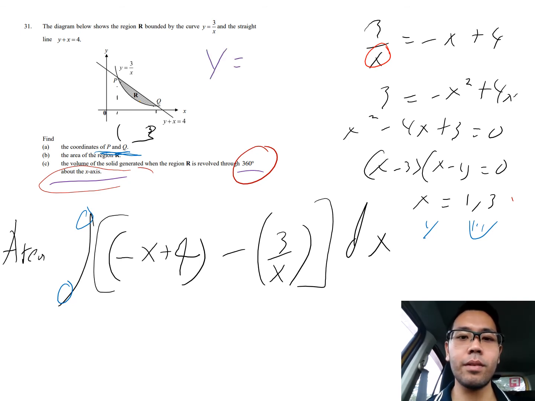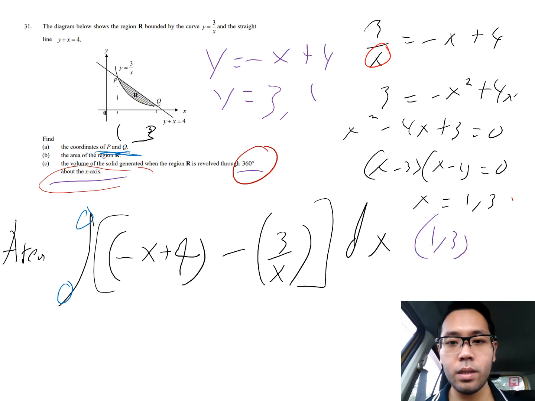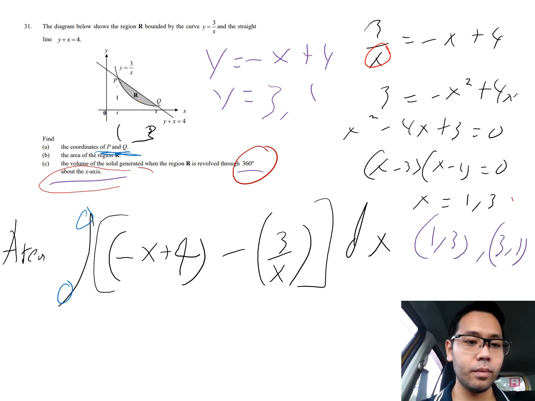Y equals to negative x plus 4, I think this is easier. So if x is 1, y is 3, if x is 3, y is 1. So the coordinates will be 1, 3 and 3, 1.